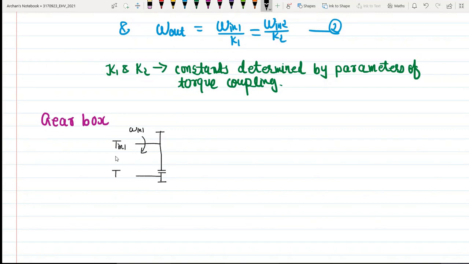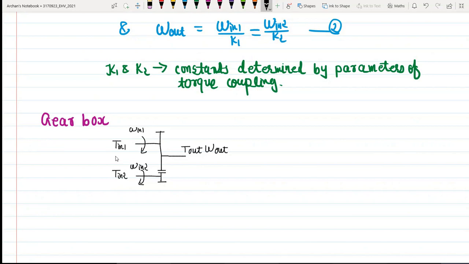Similarly, this is my electric motor which produces torque, let us say T in 2, and it will produce the speed omega in 2, right? Now these two coupling devices are connected with the help of gear. Okay, and it will give you some output over here, right? So this is my total torque output and speed. Okay, so power out will be equal to T out into omega out, right?